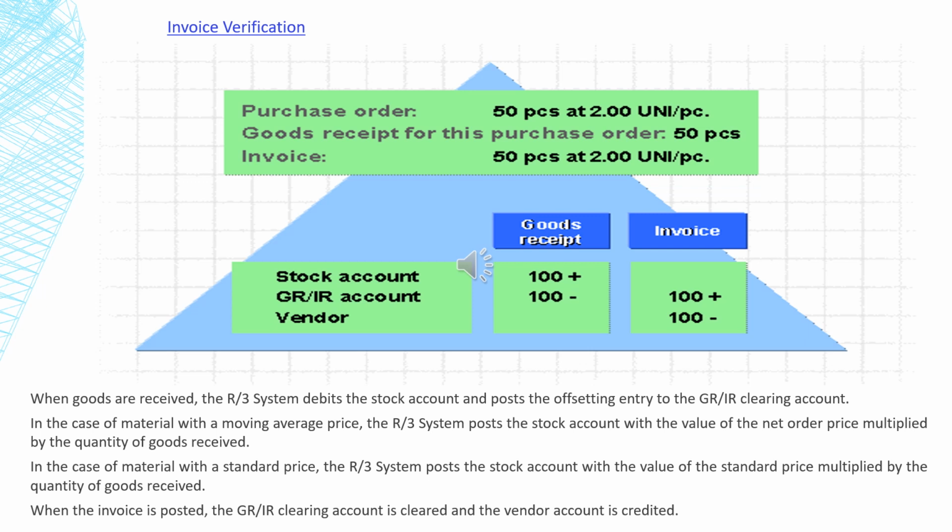In the case of material with a standard price, the R3 system posts the stock account with the net value of the standard price multiplied by the quantity of goods received. When an invoice is posted, the GR/IR clearing account is cleared and the vendor is credited.